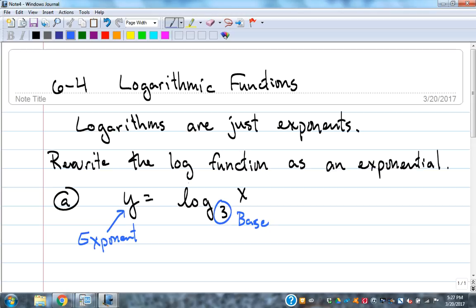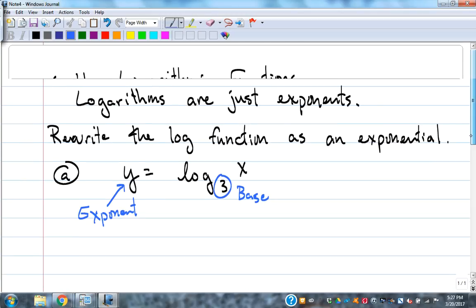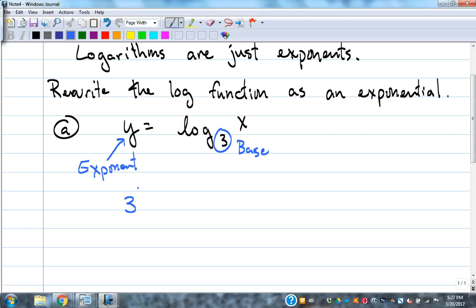That means logarithms are equal to exponents. The base of the log is the base of your exponential. This base gets this exponent, and it equals whatever is in here. Always. So you can rewrite a log as an exponential, and that's going to help us when we go to solve some equations.